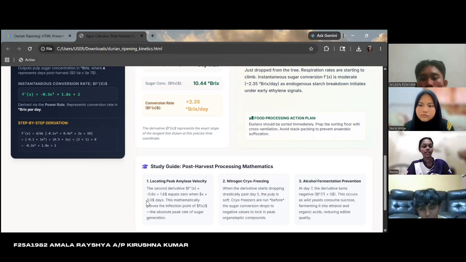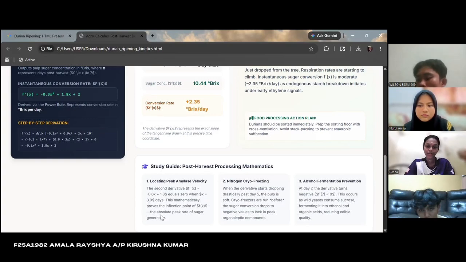If we calculate this, we get the final answer: negative 0.3x^2 plus 1.8x plus 2. To find the speed, we just need to use the simple power rule method that I mentioned just now.